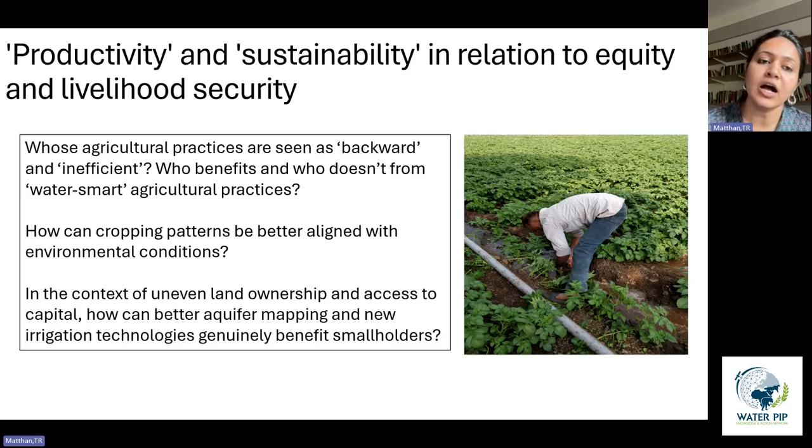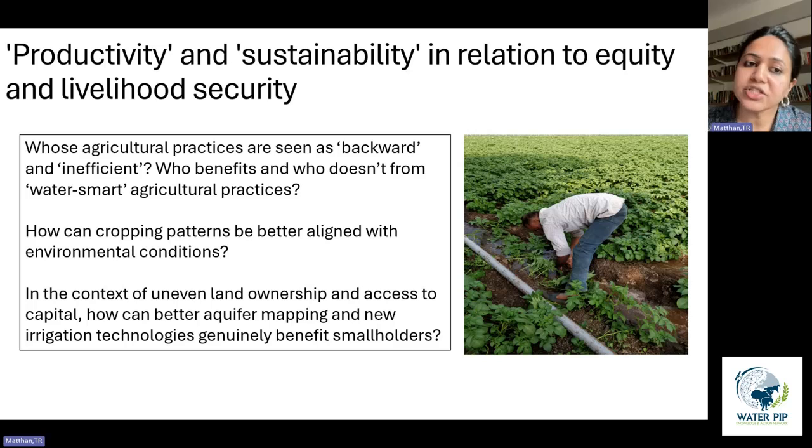And often the practices of smallholders are labeled backward and inefficient by dominant caste farmers who are looking to maximize their access to common pool resources like groundwater.